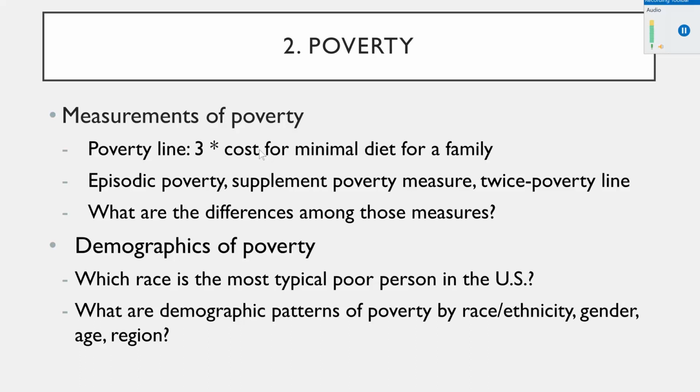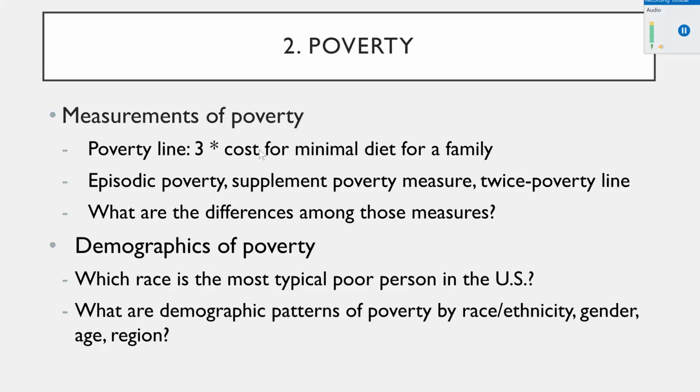Anyway, what are some demographic patterns of poverty by race, ethnicity, gender, age, and region? We saw that people of color are more likely to be poor in terms of the rate. Within that race, some races would have a higher rate of poverty. Regarding gender, females are more likely to be discriminated against and have lower income, so they are more likely to be poor.